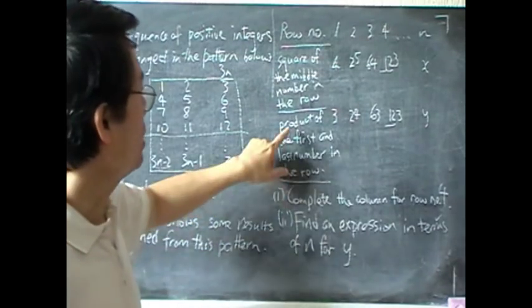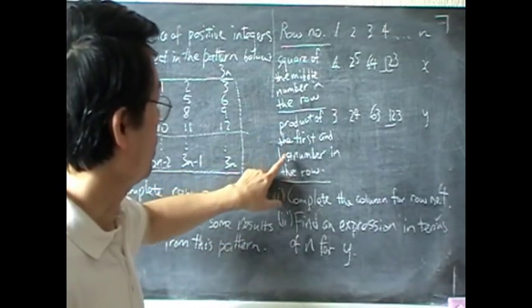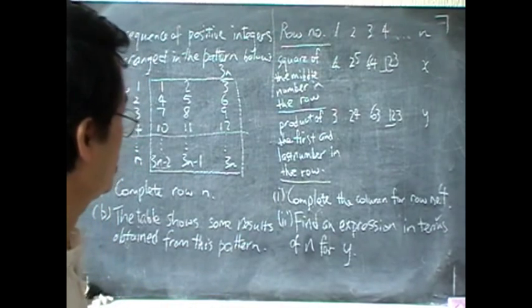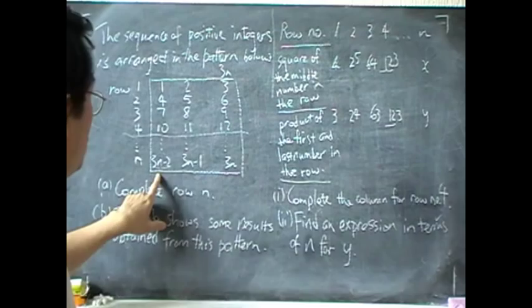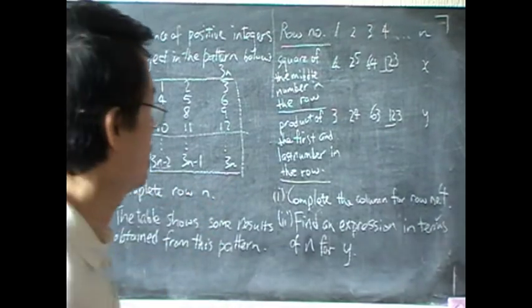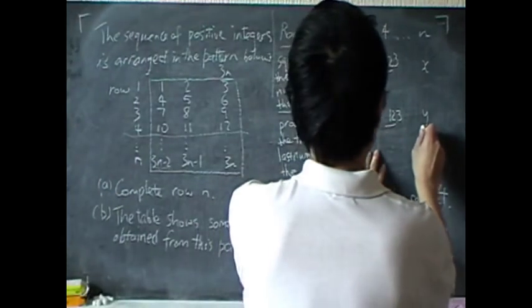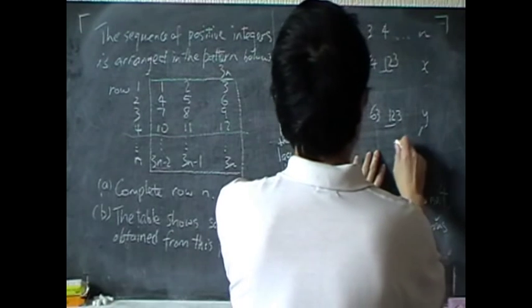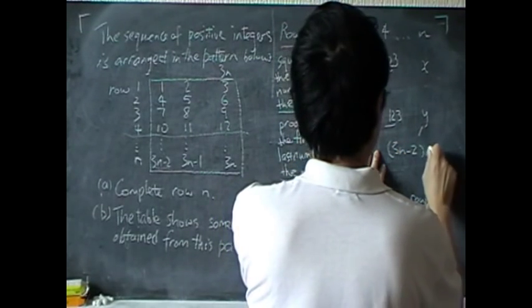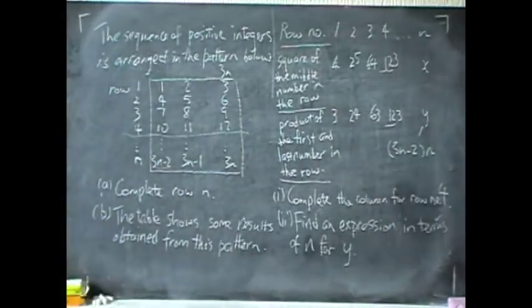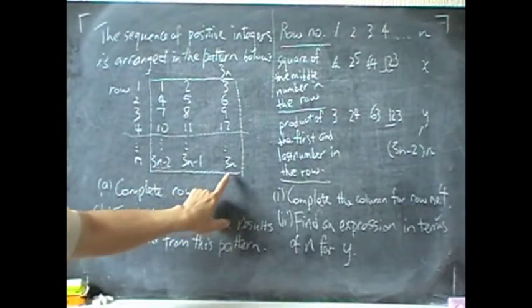And we want to find the product of the first and the last number in the row. First number is 3n minus 2, last number is 3n. So therefore, y is 3n minus 2 times n. First number, last number.